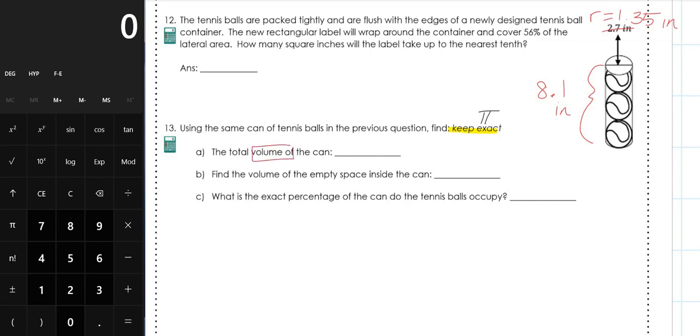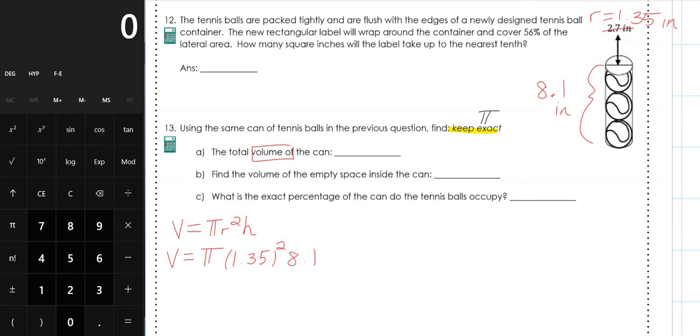Well, we've done cylinders before, so let's write down our volume formula for a cylinder. Volume equals big B H, but let's go ahead and replace big B with the area of a circle. So pi r squared h. Let's plug in our radius and our height. The radius is 1.35 squared, and your height is 8.1.